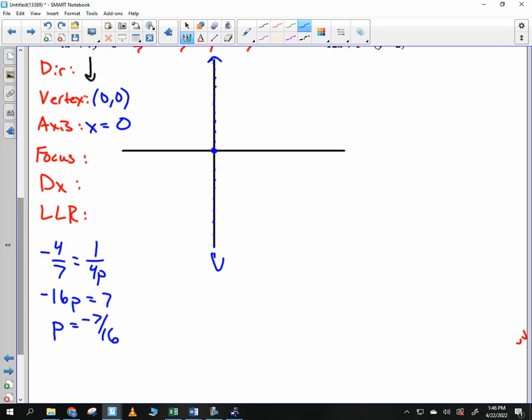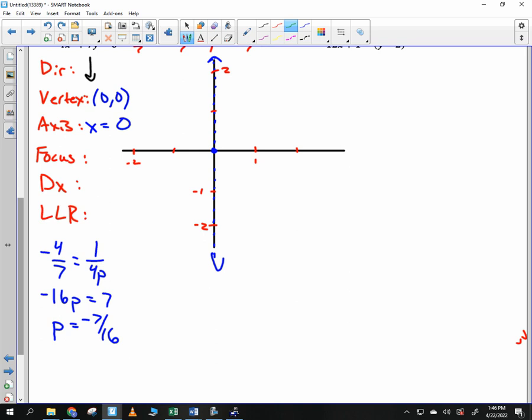So if p is negative 7/16, that's almost like a half, right? So how big should our scales be? Sure, 2 by 2 would be fine. All right, so I got negative 7/16.